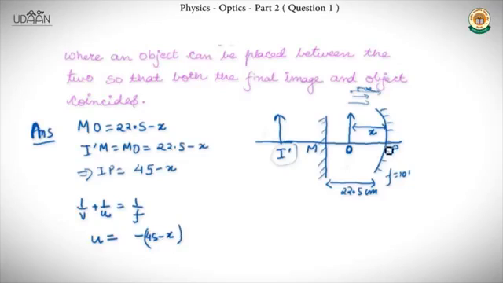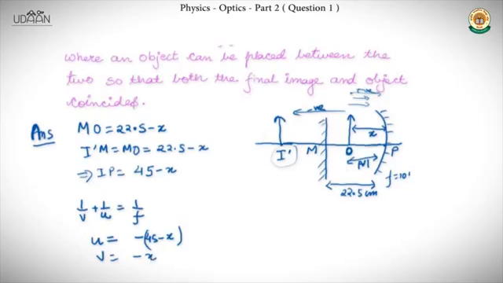Remember, u is the distance from here to here, so it is in the direction opposite to the incident light, so this should be negative, so that's why we have taken minus (45 minus x). And as we know, the final image formed coincides with the object, so v should be equal to minus x. So v is equal to minus x.